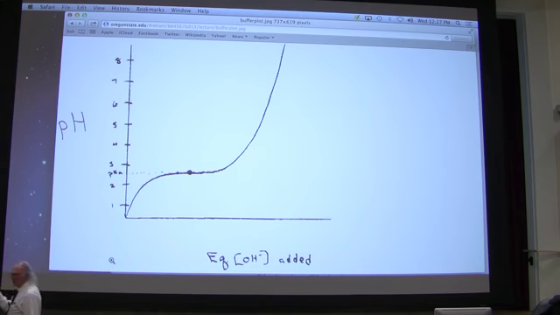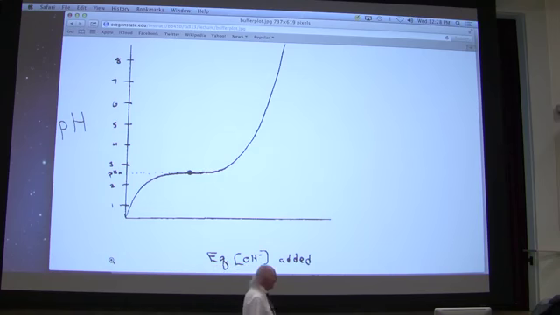So if I compare two weak acids, let's say acetic acid, which has a pKa of 4.76, and formic acid, which has a pKa of 3.75, which one is the stronger acid? Well, duh. Formic acid has a lower pKa. Formic acid will be the stronger acid of the two. Everybody with me?